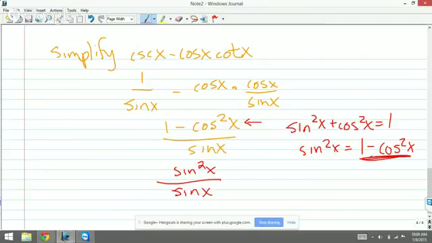All I've done is taken the Pythagorean identity and subtracted cosine over, and now my top matches that, and I can substitute. So our answer in the end is sine x.